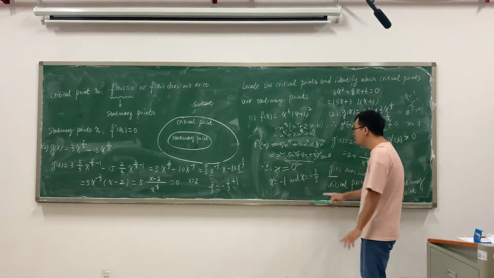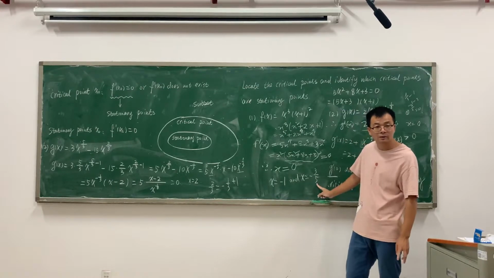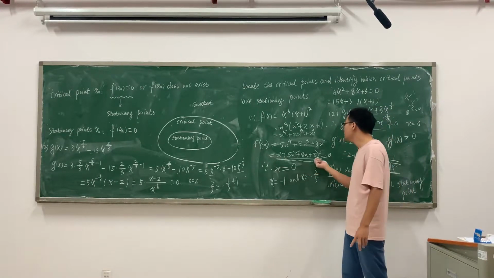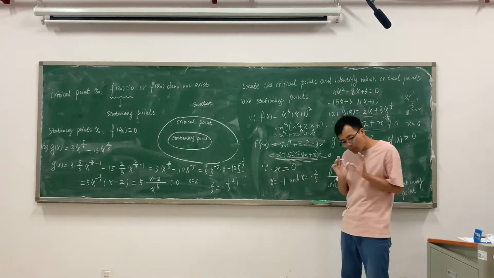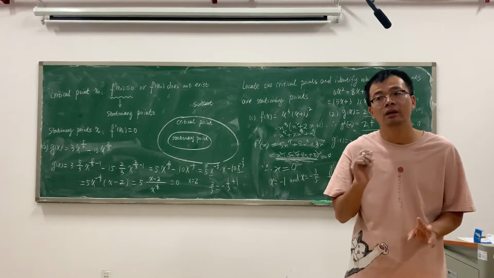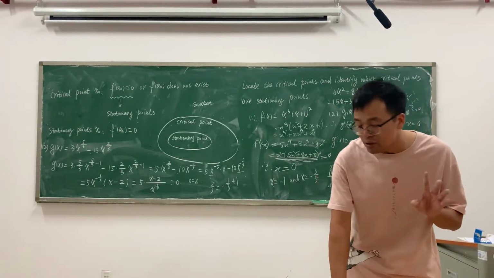So these 3 points are the critical points. For this function, for all points we have the derivative, so there is no point such that the derivative does not exist.